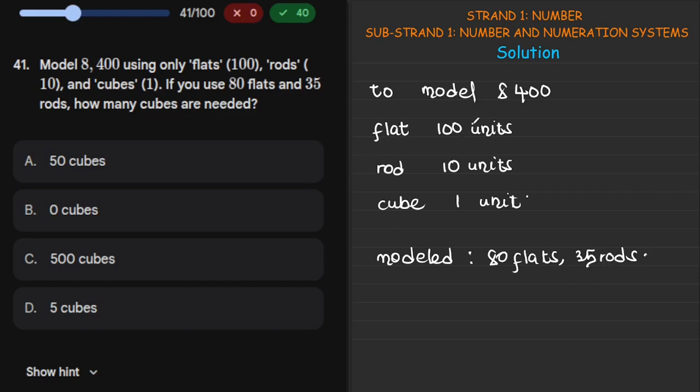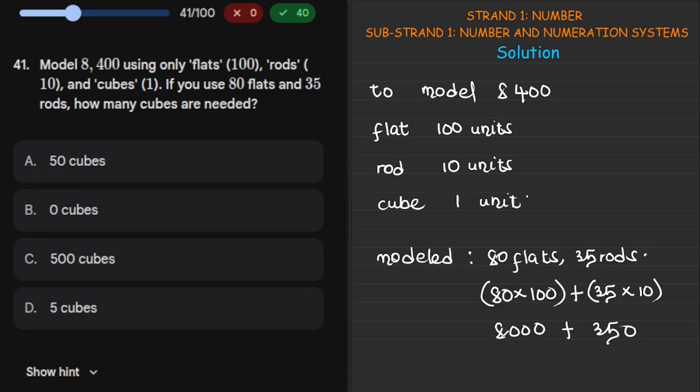Now take note, a flat is 100 units. In actual sense, we have 80 times 100, then plus a rod is also 10 units. So 35 times a rod, which is 10. If you simplify, we have 8,000 plus 350.